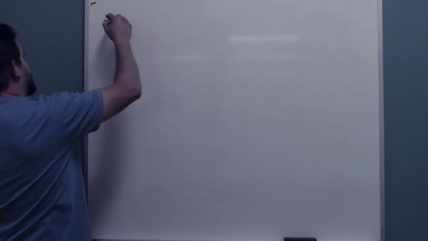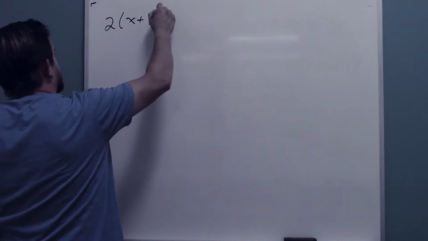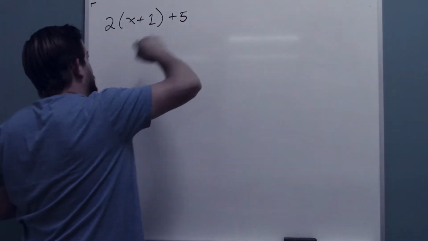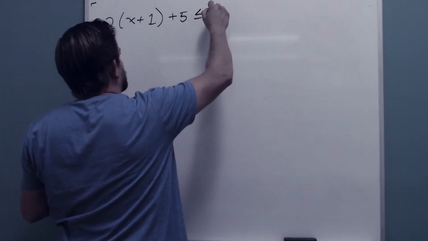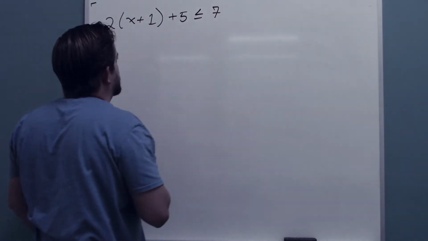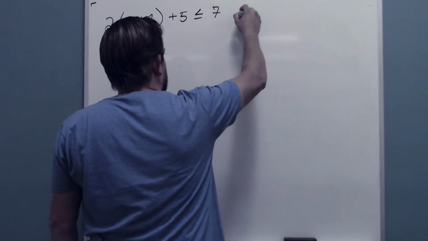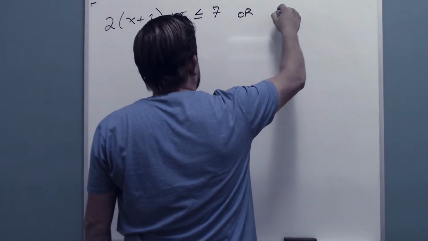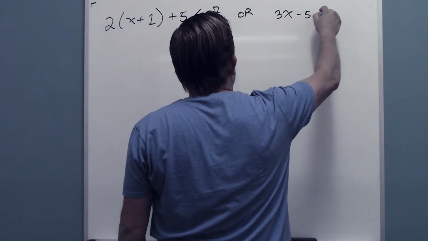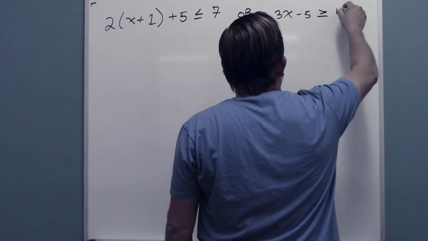So if I have, let's say, 2 times x plus 1, plus 5 is less than or equal to 7. Or, let's say 3x minus 5 is greater than or equal to 4.